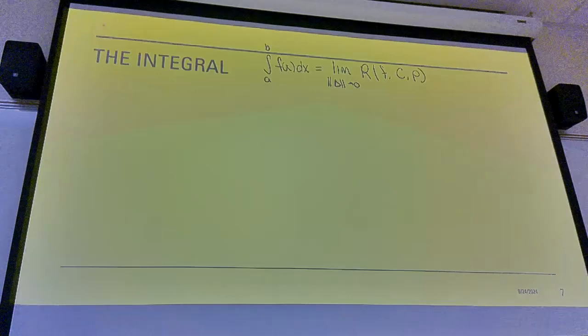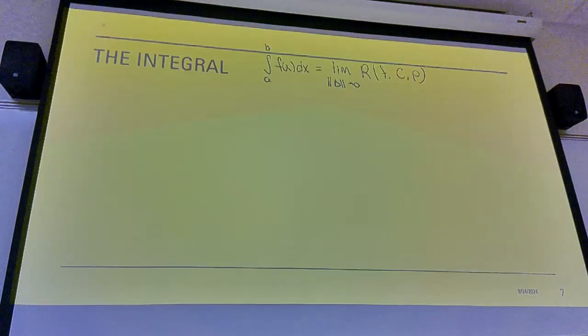Generally written this way, where C is the set of sample points and P is a partition. Any partition. And then that symbol, norm of delta approaching 0, the norm of delta represents the length of the largest subinterval.